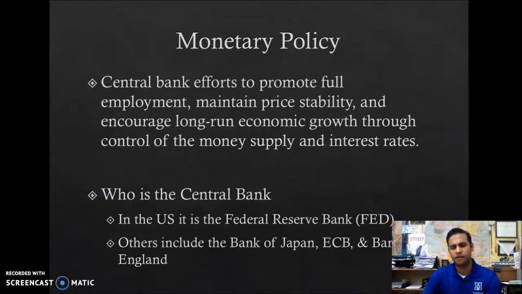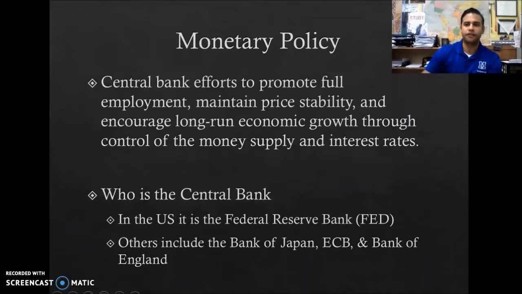So it might be more accurate to say through control of the money supply by way of interest rates. However, that's a small detail that's not really important to get hung up on right now. Trust me, we'll fully understand this by the end of it.